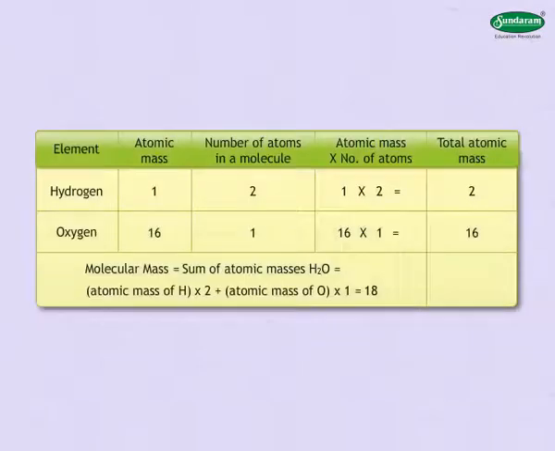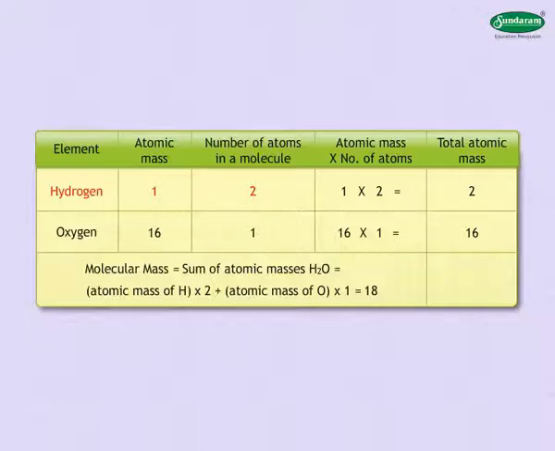Molecular mass of water, or H2O, can be calculated as follows. Hydrogen has an atomic mass number 1 and has 2 atoms in its molecule. The total atomic mass is equal to the product of the atomic mass and the number of atoms.